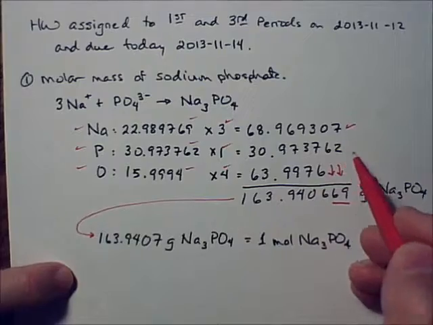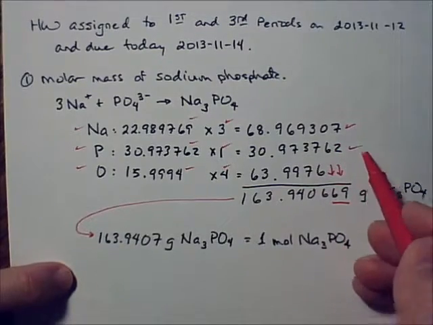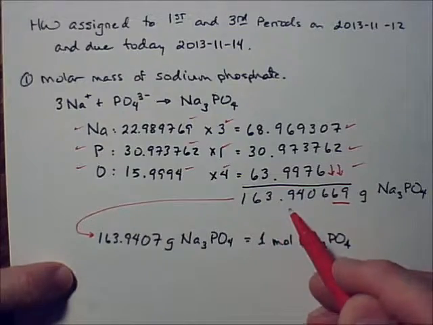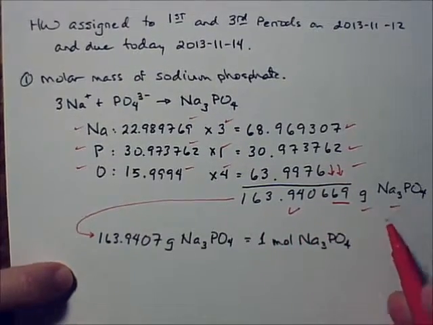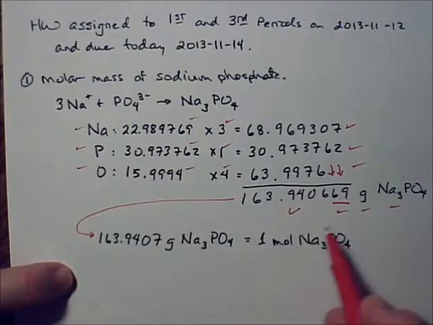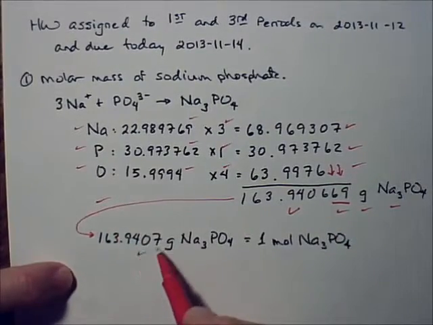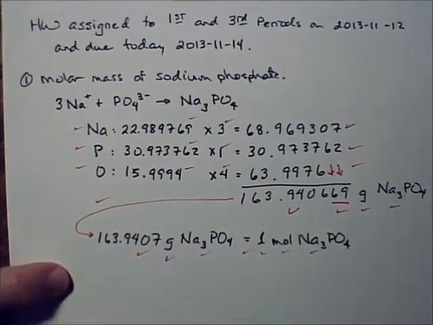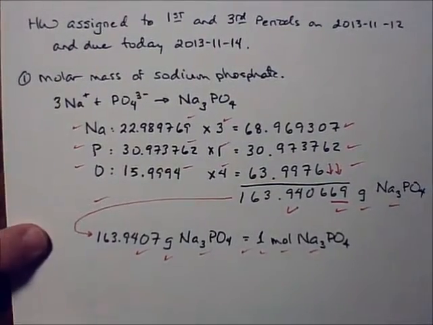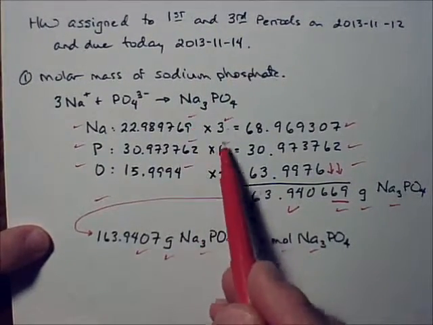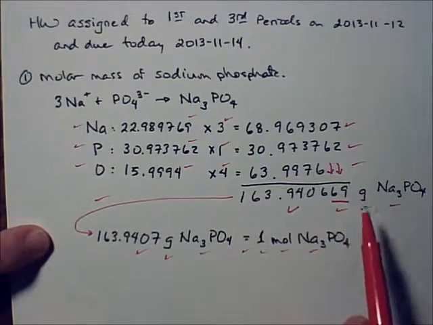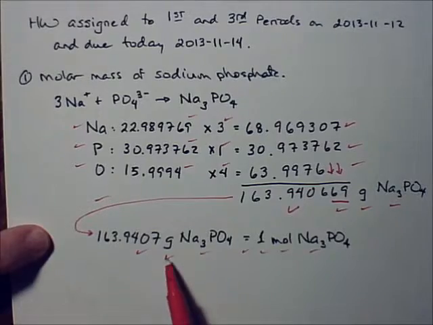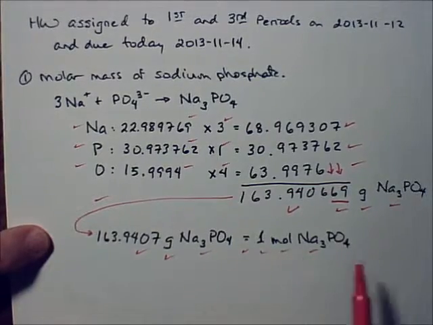Then the unrounded answer with units and species, underlining, arrow, final answer units and species equals 1 mole sodium phosphate. Okay? 24 points total.